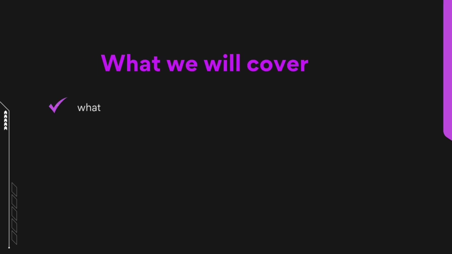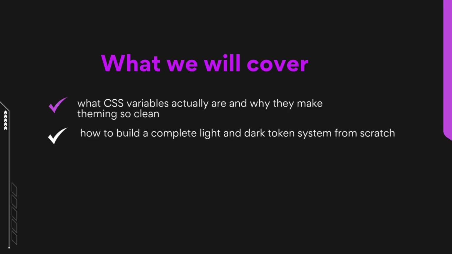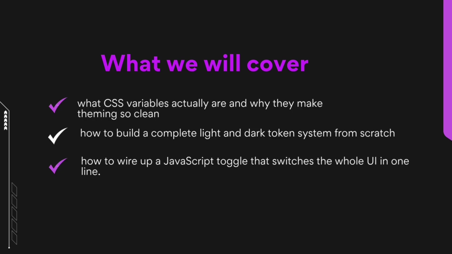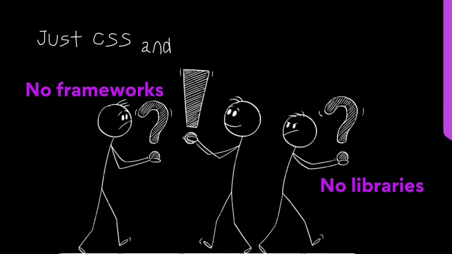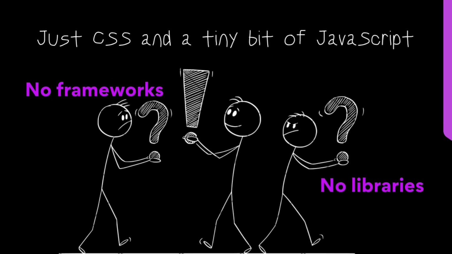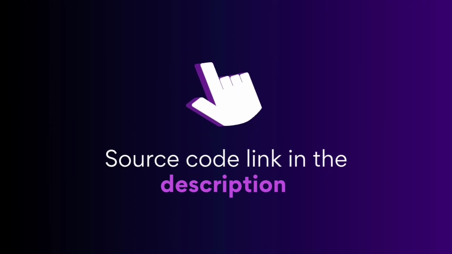We're going to cover what CSS variables actually are and why they make theming so clean, how to build a complete light and dark token system from scratch, and how to wire up a JavaScript toggle that switches the whole UI in one line. No frameworks, no libraries, just CSS and a tiny bit of JavaScript doing exactly what they were built for. The code is in the description if you want to follow along.